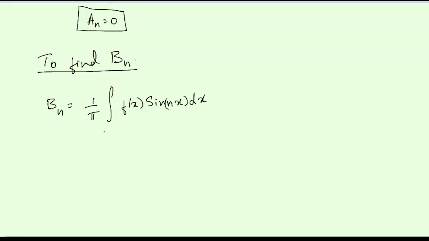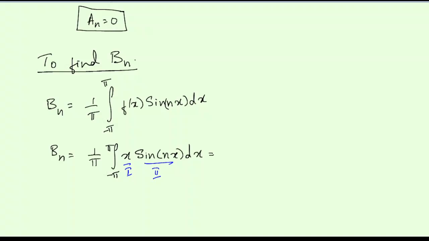Next you write to find Bn. Bn is equal to 1 by pi integral f of x sin nx dx between the interval minus pi to pi. We are going to do the same thing here. That is 1 by pi integral minus pi to pi x. This time it is a sine function. Again, let me keep this as first.